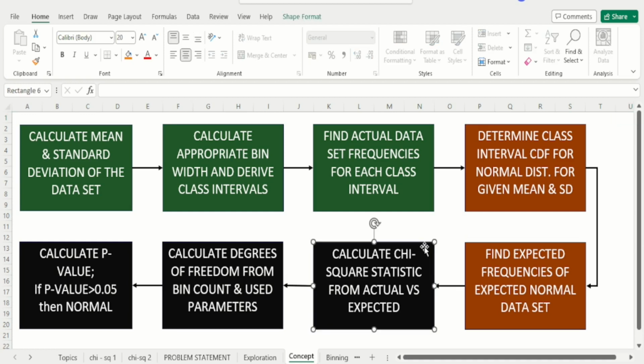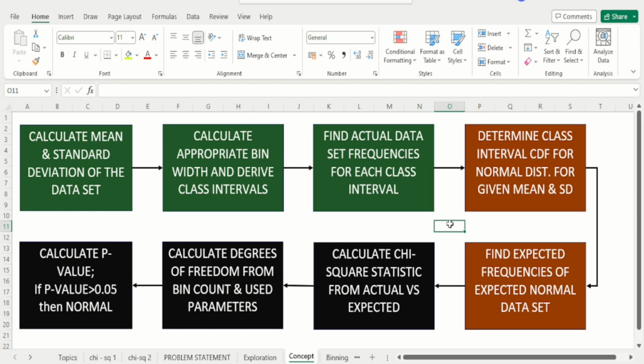All right. Finally, let's come to the next section. In this section, we'll look at the actual frequency and the theoretical frequency of the distributions. We will calculate something known as the chi-square statistic. Basis the chi-square statistic, we'll then also use the degrees of freedom of the distribution. Once we use the degrees of freedom and the chi-square statistic, we will be able to derive the much maligned p-value.